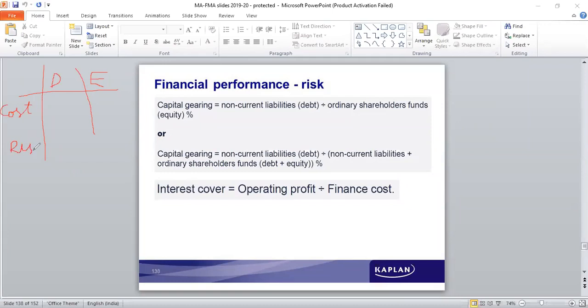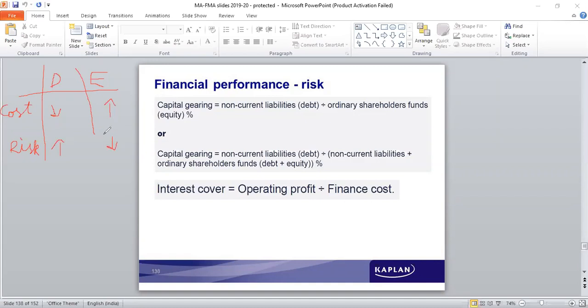In case of debt capital, the cost is low. It is a cheaper form of capital. In case of equity, it is costlier. The cost of equity capital is high. As for risk, the risk on debt capital is high and on equity the risk is low.